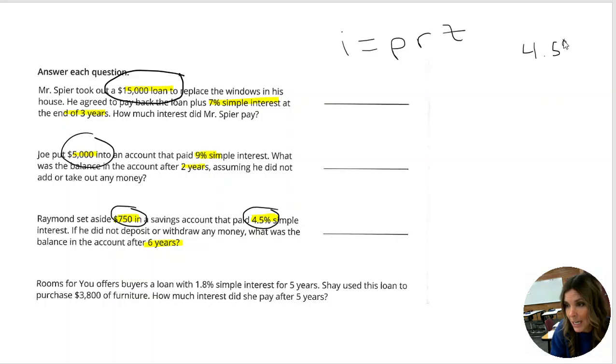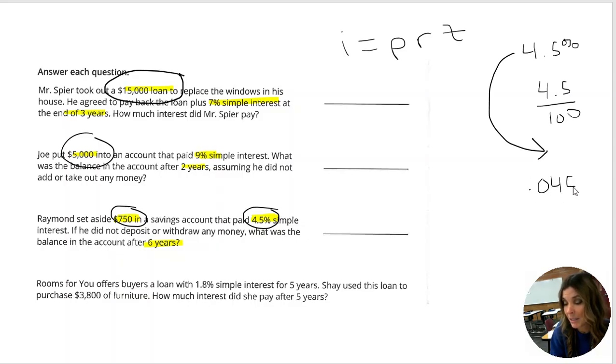When you are changing 4.5% into a decimal, because it already has a decimal, make sure that you remember that 4.5 out of 100, when you change that so that you can use it, is going to be 0.045. Okay, so when we plug it in for the R, we have to plug it in as 0.045, and then for 6 years.